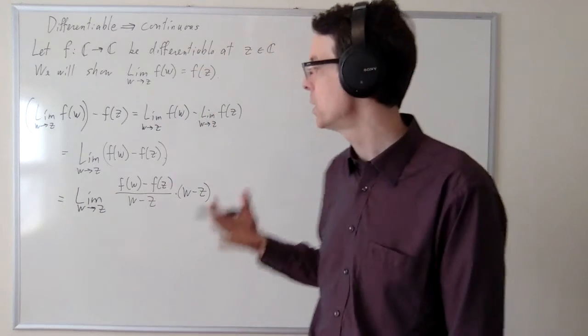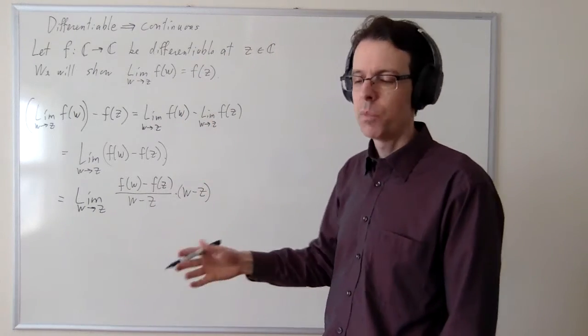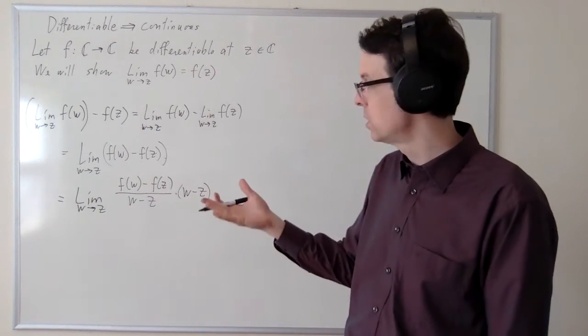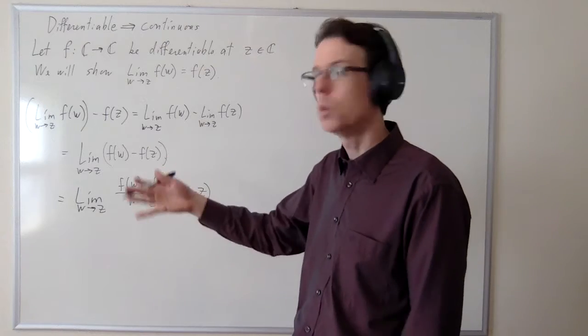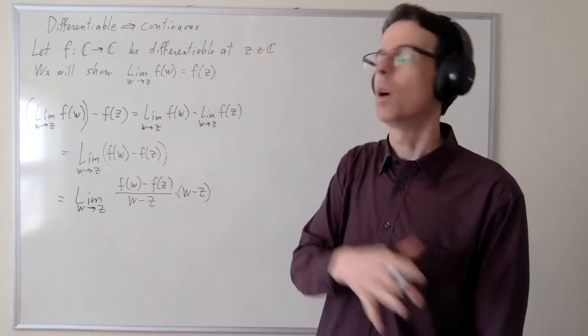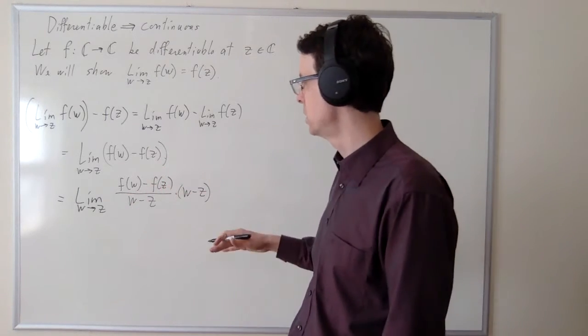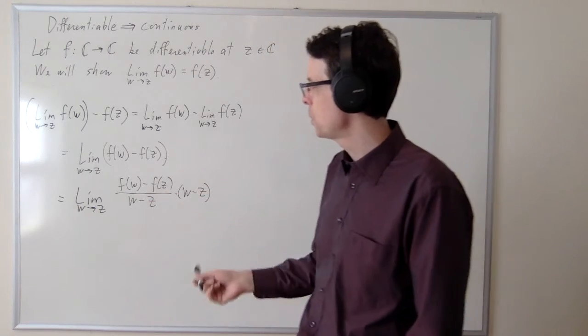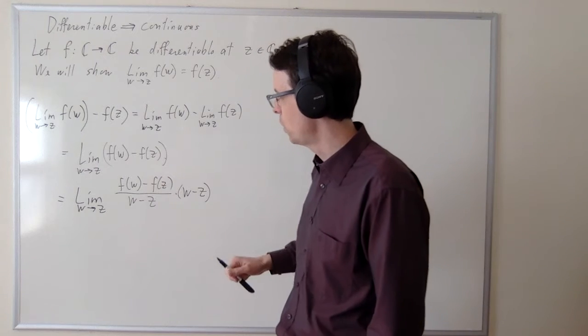That's the point of the limit. It ignores the value there. If you look closely at the definition of the limit, that's this business about the distance between w and z being strictly greater than 0 at the same time that it's strictly less than delta. That guarantees that that point is never actually considered. So for the purposes of the limits, these two functions are equivalent.